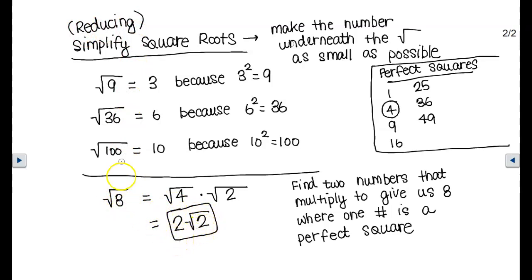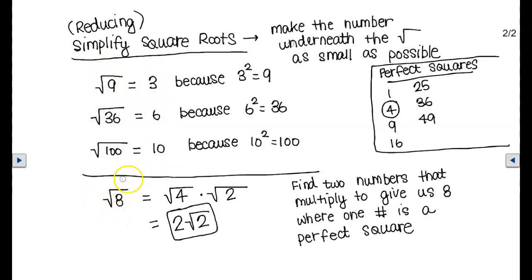So to kind of recap what we've said so far, a square root is the opposite of squaring. So it's asking what number times itself would give this result. As long as your number is a perfect square, they're going to be easy to do.